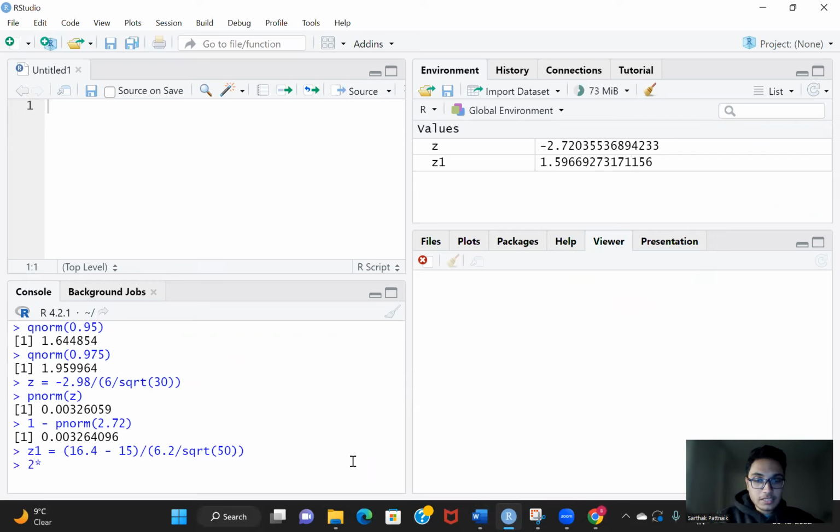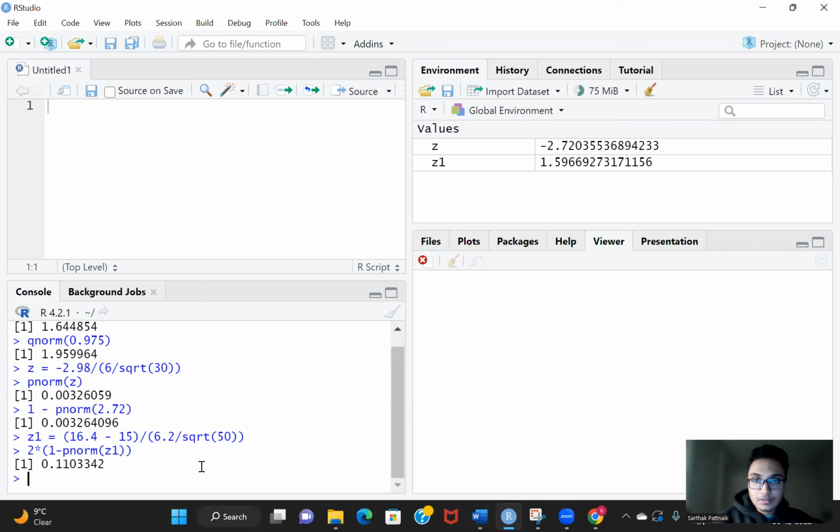Which is going to be twice into 1 minus pnorm of z. So your p value here is 0.11.